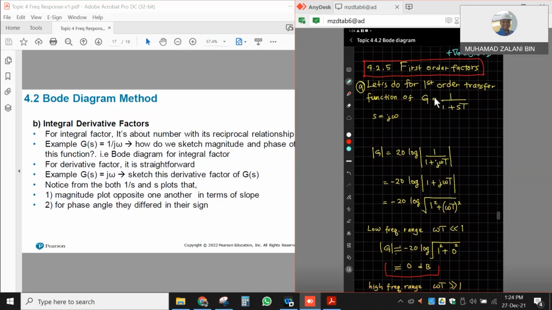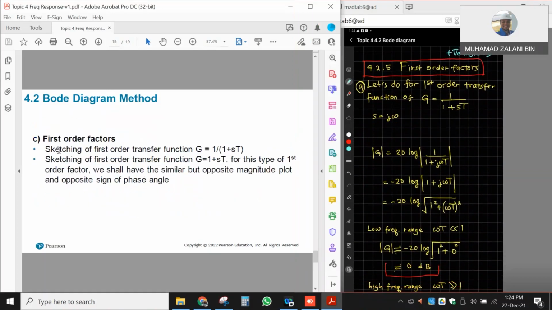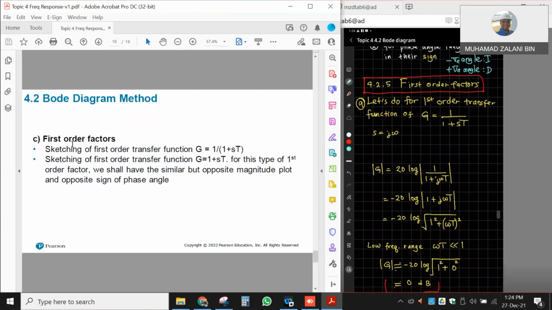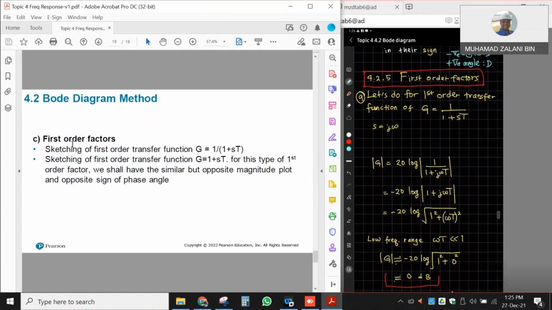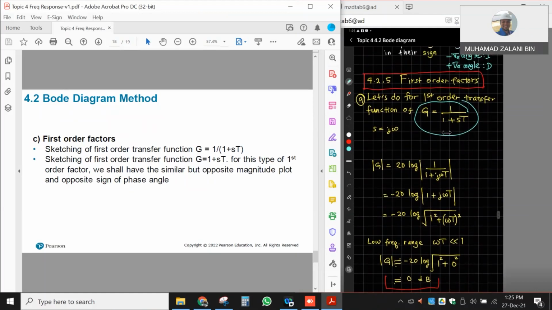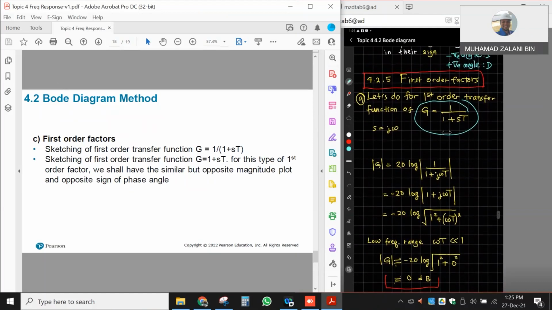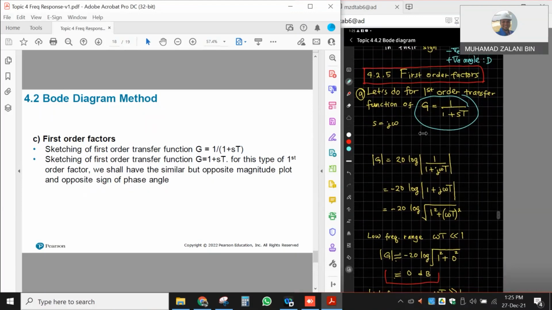The third one is first order factors. The transfer function for the first order factors is either G equals 1 over 1 plus st, like this, or G equals 1 plus st. I will start from the function G equals 1 over 1 plus st, in which, as usual, we want to observe the plot when we change the frequency from 0 to infinity.